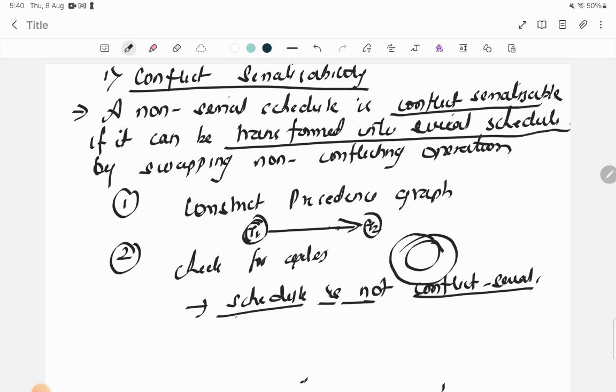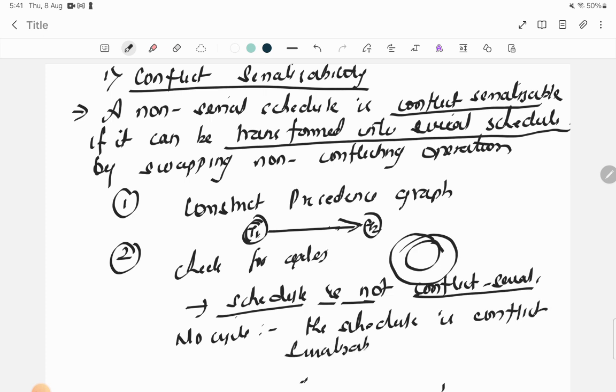But if there is no cycle in the precedence graph, the schedule is conflict serializable, and we can transform it into its equivalent serial schedule.